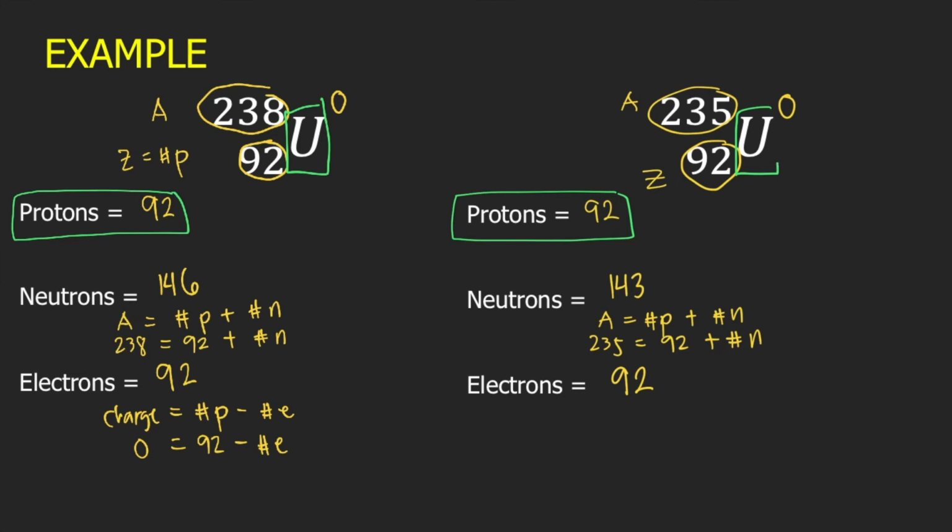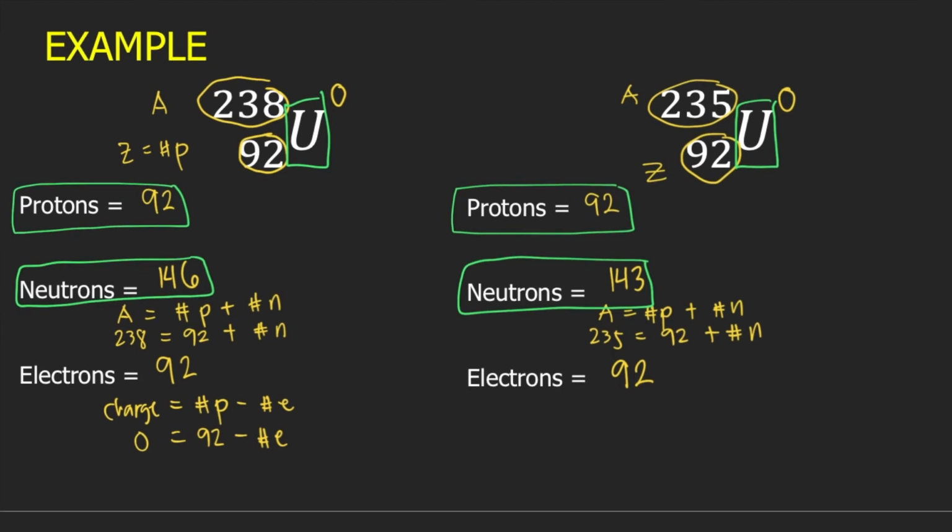So they are both uranium, so they have the same number of protons. However, they have different number of neutrons. For the left side, there are 146 neutrons, and for the right side, there are 143 neutrons. And you have a special term for this. This is what you call isotopes.